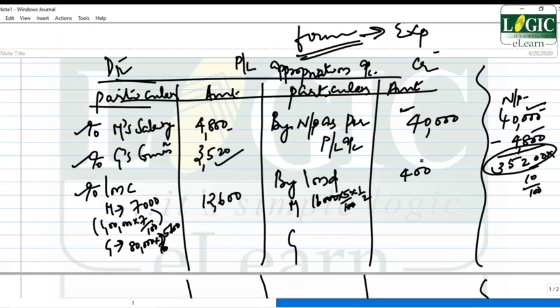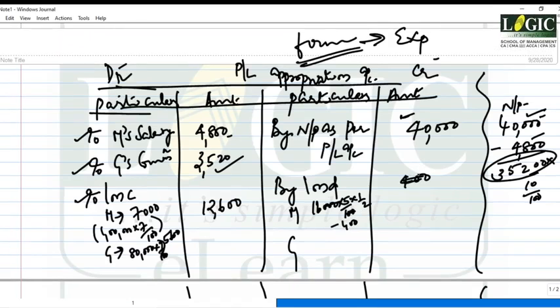We put it in the inner column, write it together. Girish, how much will it be? 14,000 into 5 by 100 for half of the year, because he withdrew it in the mid of the year, right? You will have to hypothesize. Then it will be 350. So totally you can write 750. That is interest on drawings. Okay.